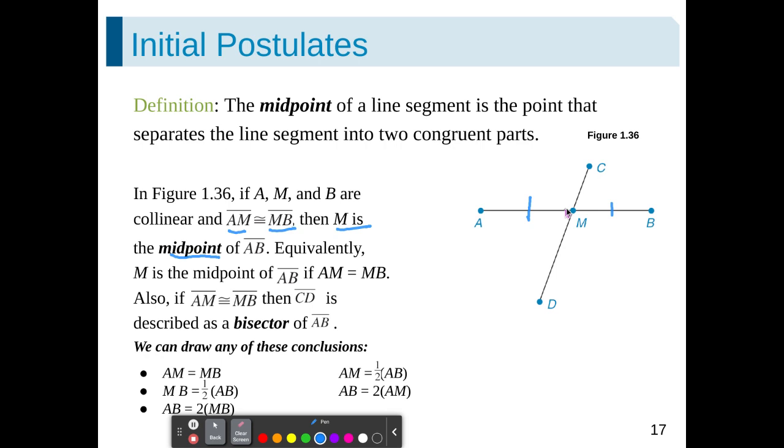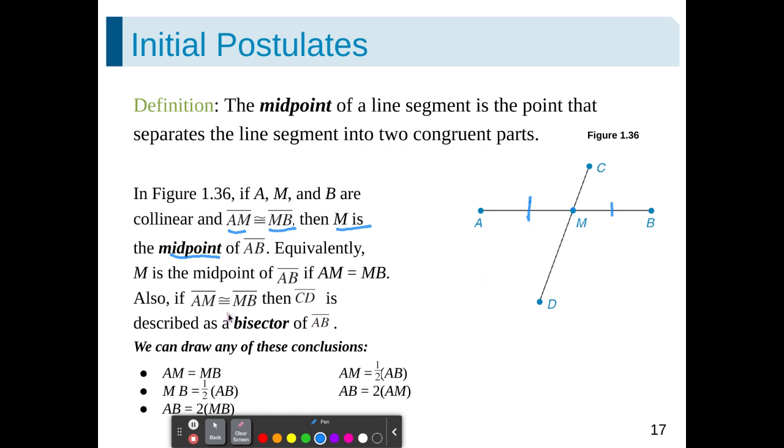These little bars signify that those two line segments are congruent inside of line segment AB. So equivalently, M is the midpoint of AB. Remember, with a good definition, we can go forwards and backwards.